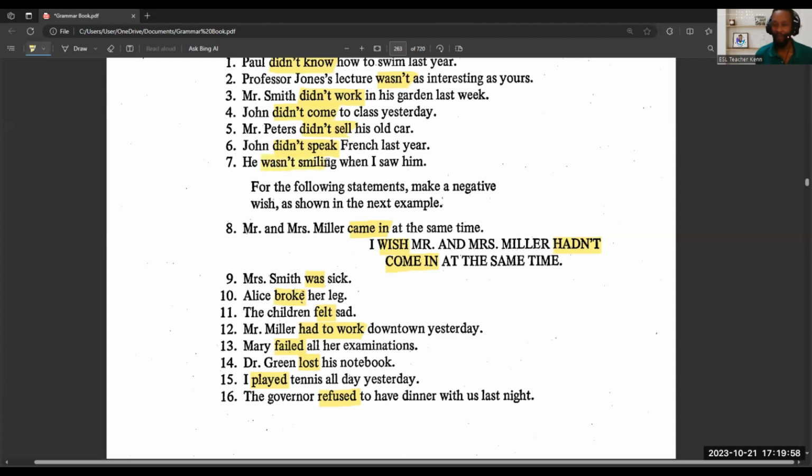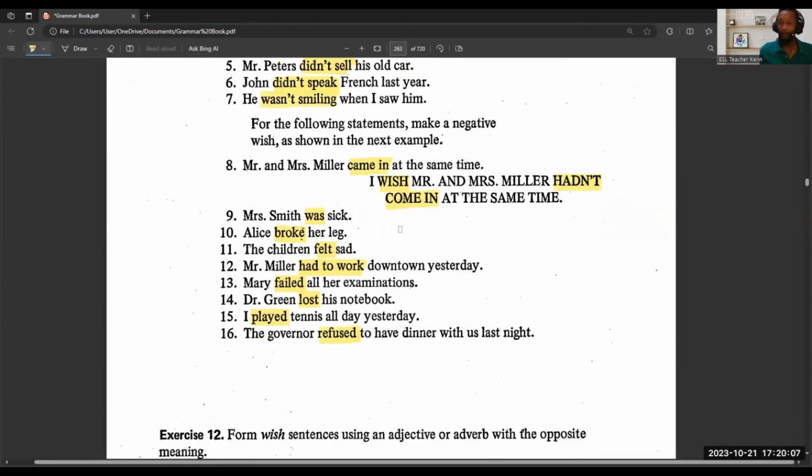Okay, and now I'm going to give you affirmative ideas, and I want you to switch them up to negative. It says, Mr. and Mrs. Miller came in at the same time. I wish Mr. and Mrs. Miller hadn't come in at the same time.